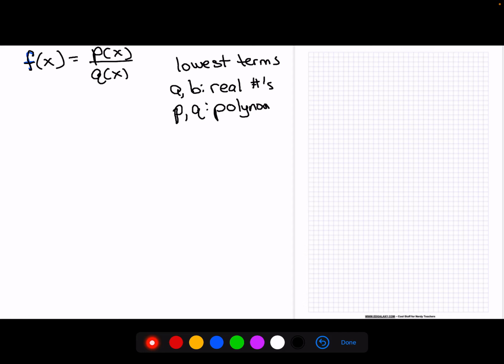All of these parts laid out. So you have a rational function where it's a polynomial over a polynomial. Then consider it written in lowest terms, real numbers A and B.